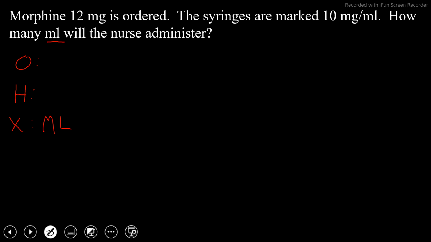What we have is the 10 milligrams per mL. And what is ordered is that 12 milligrams of morphine. So 12 milligrams there, 10 mg per mL there, and then the mL is here.